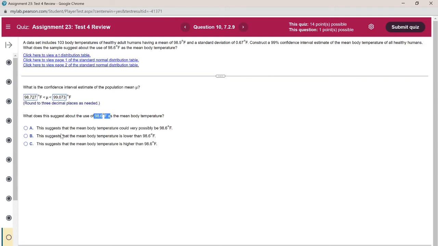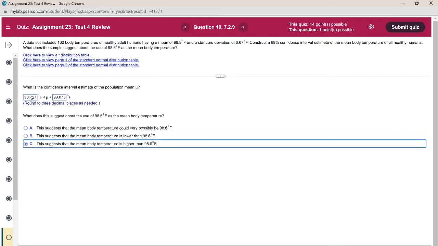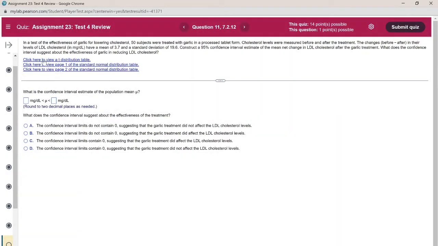So this suggests that the mean body temperature is higher than 98.6. As you can see, there is 99% confidence that the mean body temperature is higher than this. So check your answer. For this problem, you can also use the table given here, but I use the calculator.